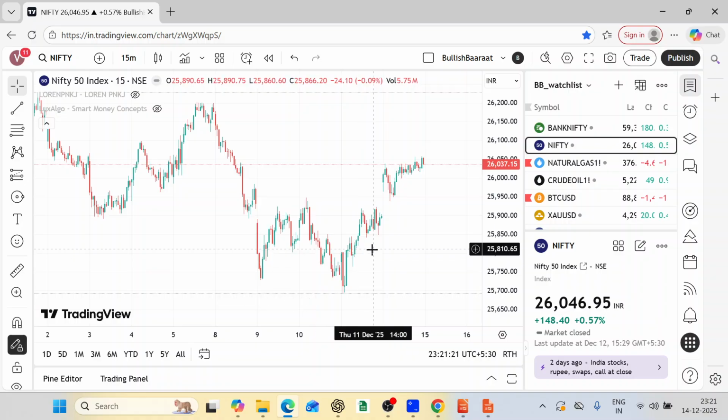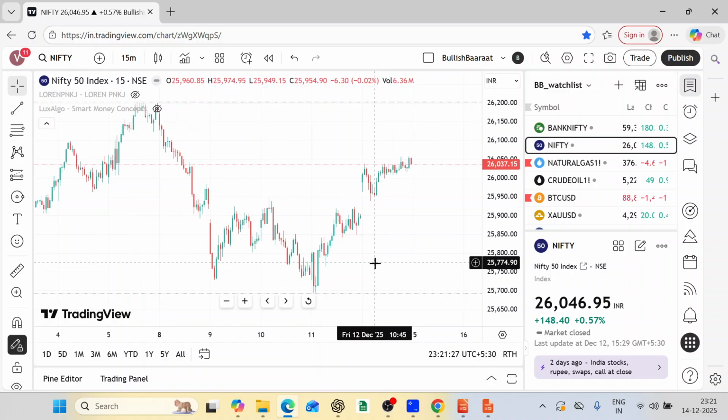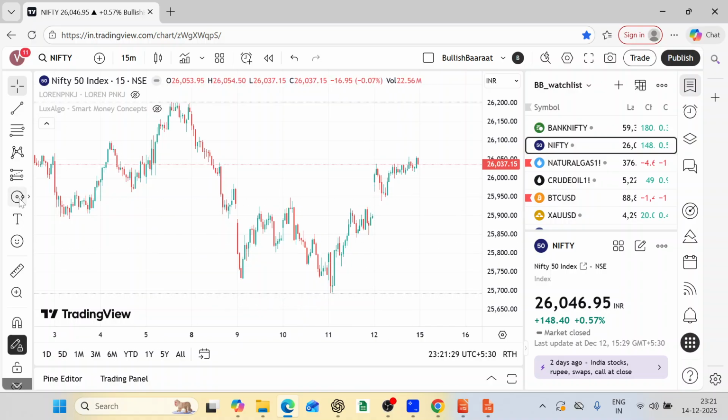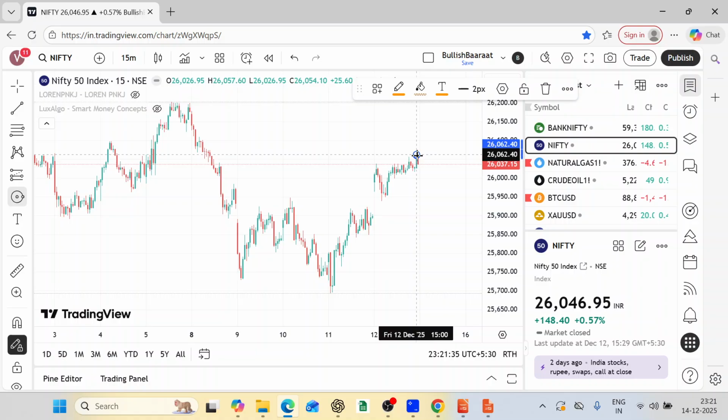First, the first step is to find the higher highs and the lower lows. So what are higher highs? If you see this point, this is a higher high. In this point, this is a higher high.